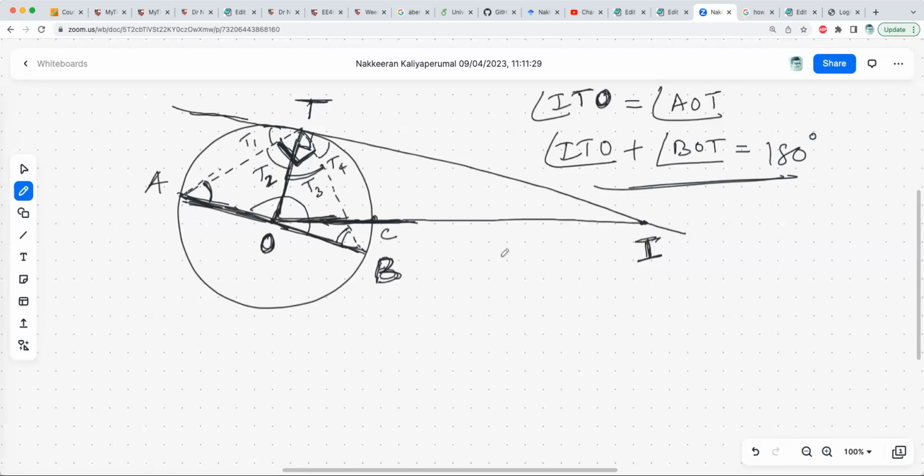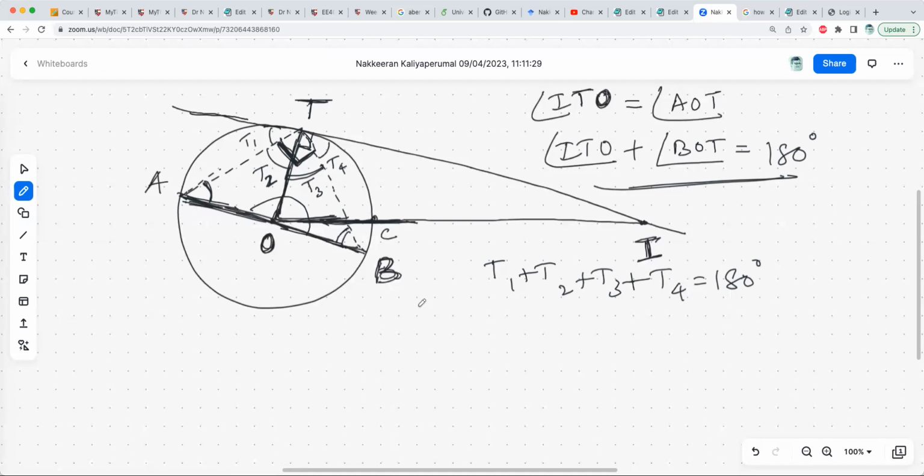So T1 plus T2 plus T3 plus T4 is our 180. Is it okay? Yes, sir. So we can tell angle OAT is equal to T1.